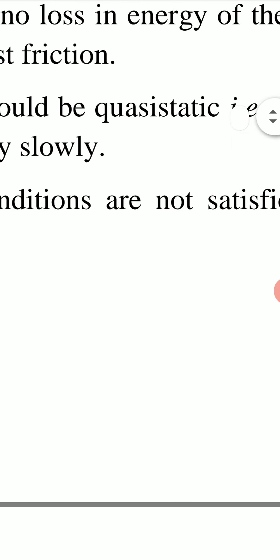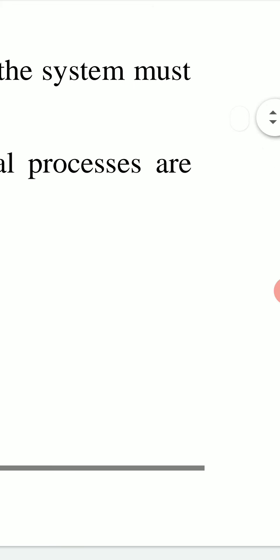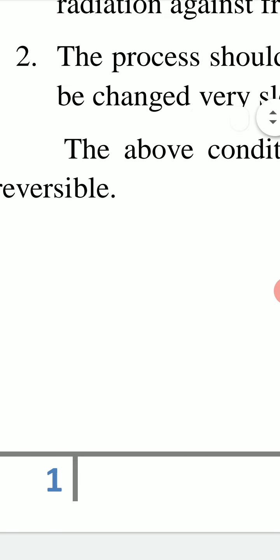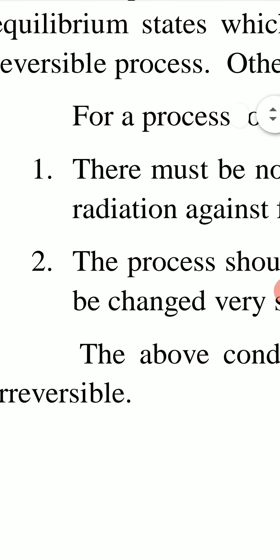The above conditions are not satisfied in practice, so all natural processes are irreversible. Slow isothermal process and slow adiabatic process are examples of approximately reversible process.